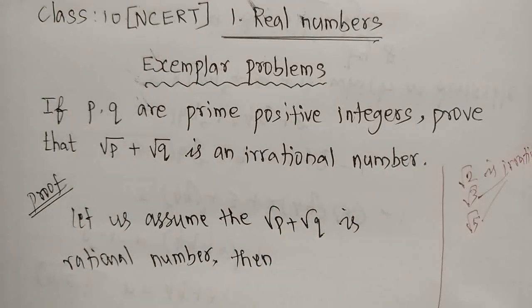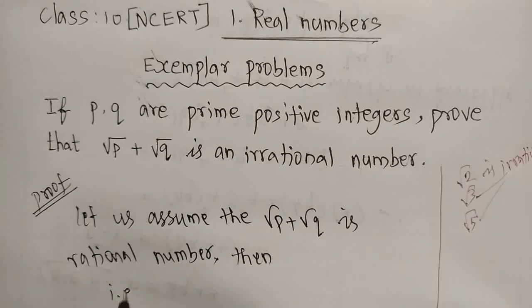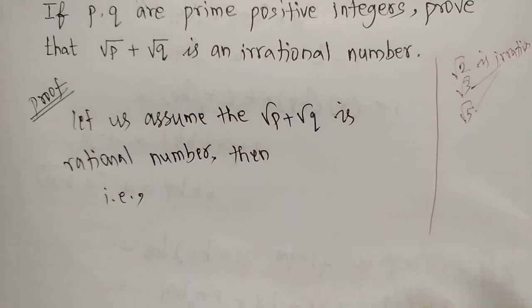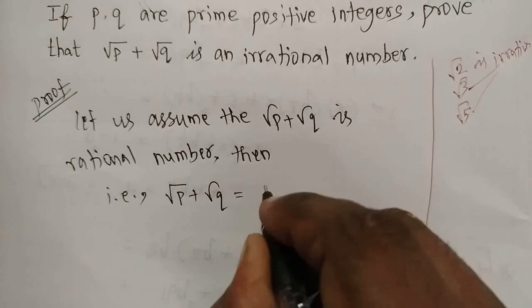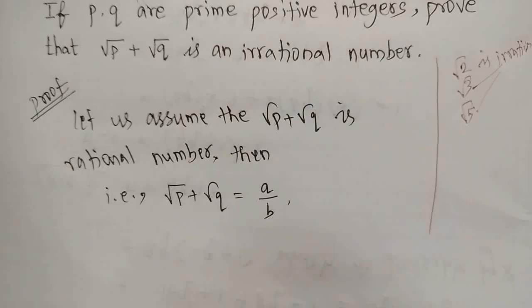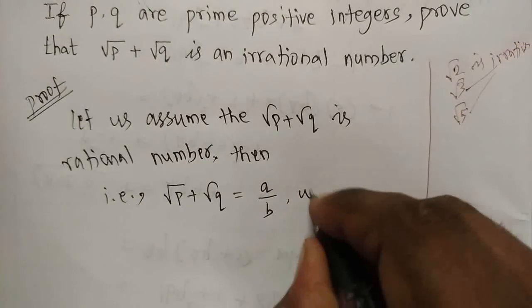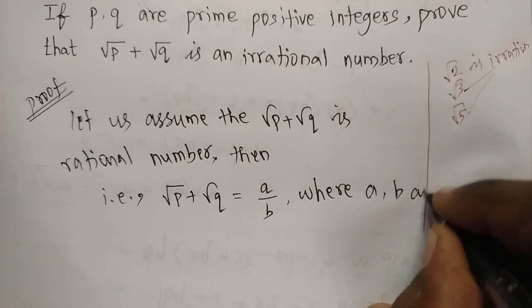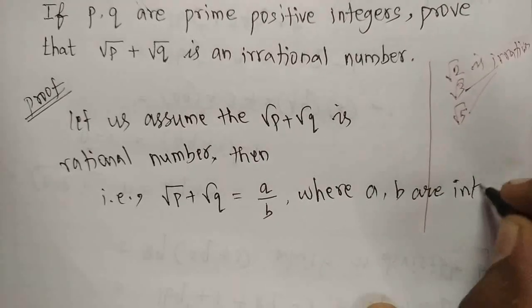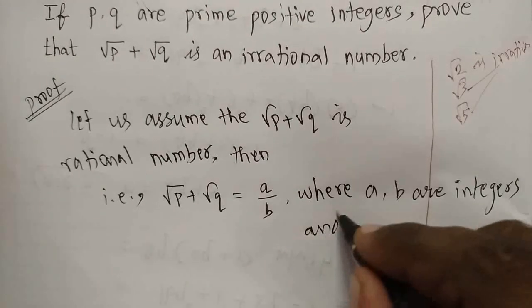A rational number will definitely take the form P by Q. Since we already have P and Q here, I'm taking some other letters: root P plus root Q equals A by B, where A and B are integers and co-prime.